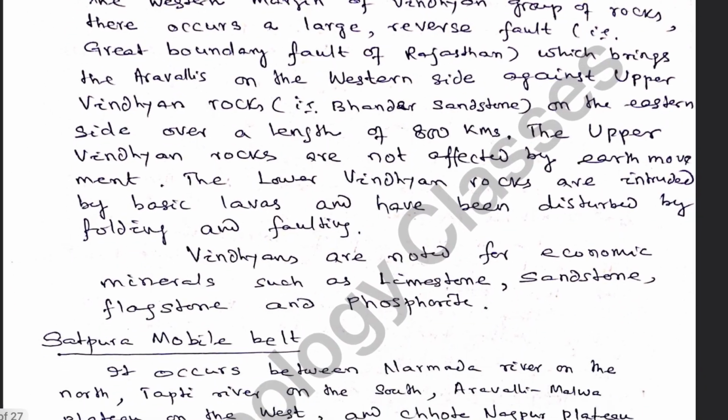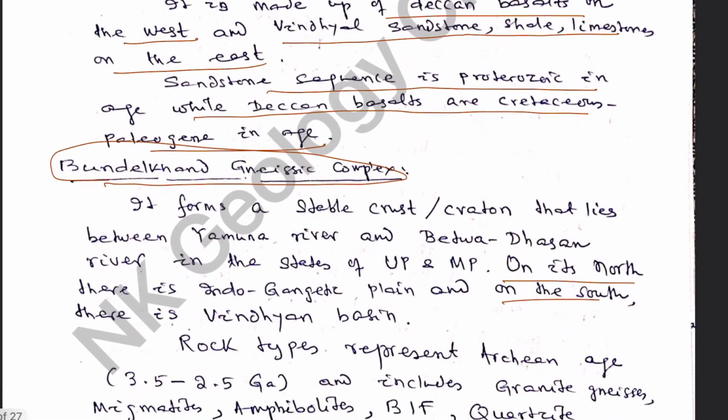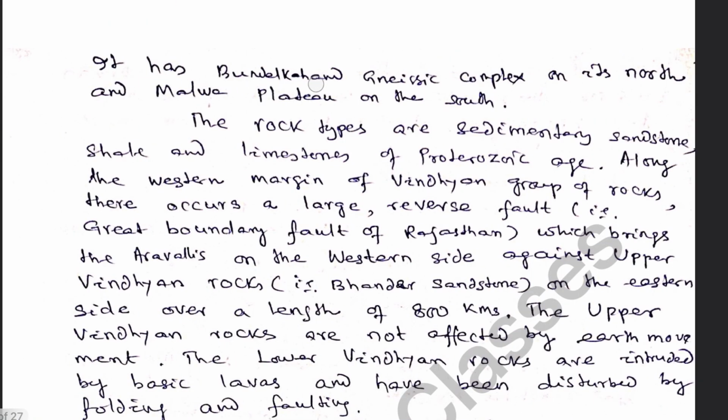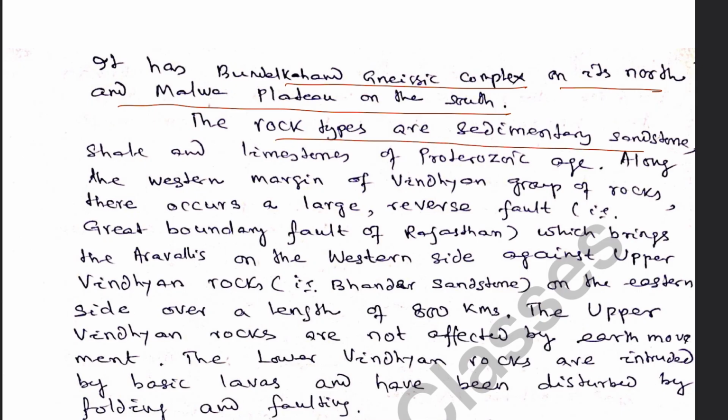It has the Bundelkhand Gneissic complex on its north and Malwa plateau on the south. So the rock types are sedimentary sandstones, shales and limestones of Proterozoic age, because they represent the platform cover.